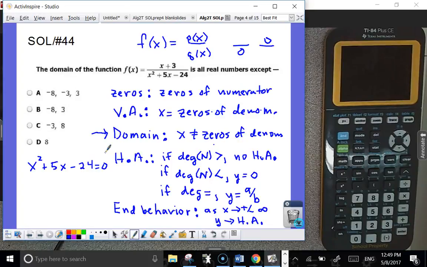So let's see. In this case, I'm just going to factor it, right? This is x plus 8 times x minus 3 equals 0. So what are those? Negative 8 and positive 3. So that would be this one right here.